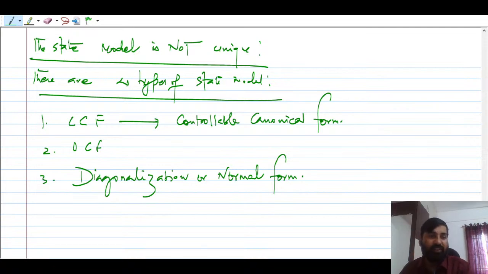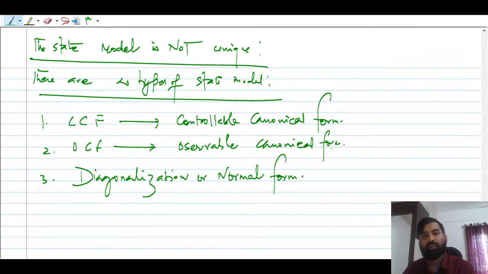ठीक है. CCF का मतलब क्या होता है? Controllable canonical form. OCF means, please remember these points, OCF means observable canonical form, right?